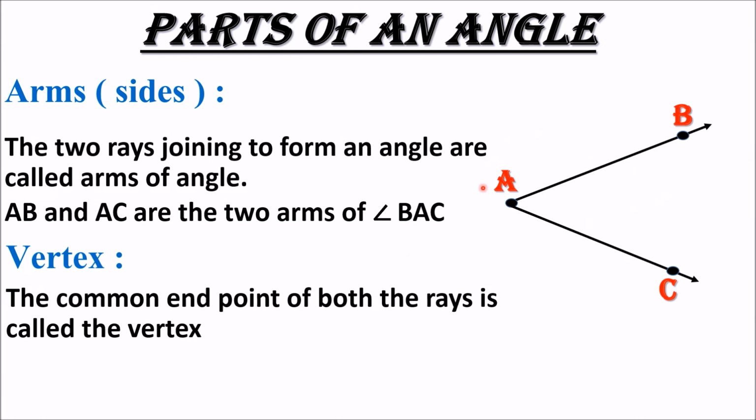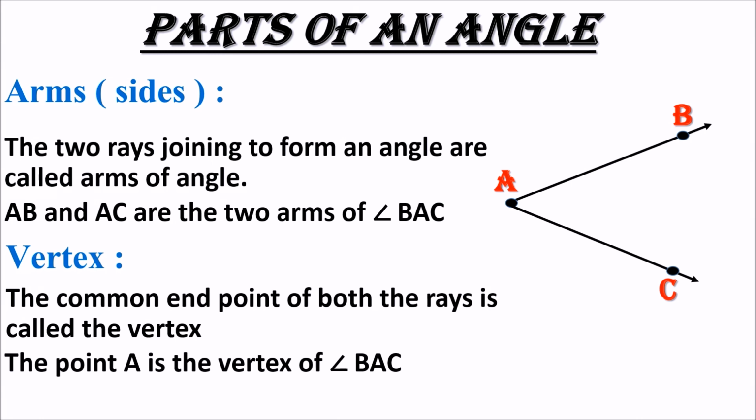Here point A is the end point of ray AB, and point A is also the end point of ray AC, and this common end point, that is A, is known as the vertex of angle BAC. So the point A is the vertex of angle BAC.